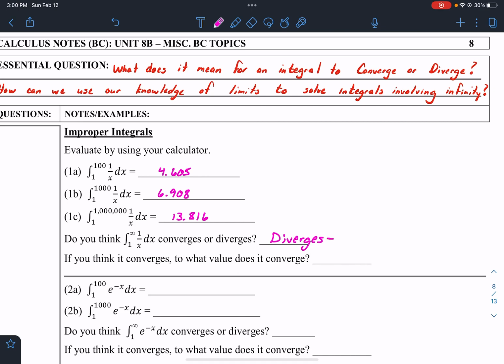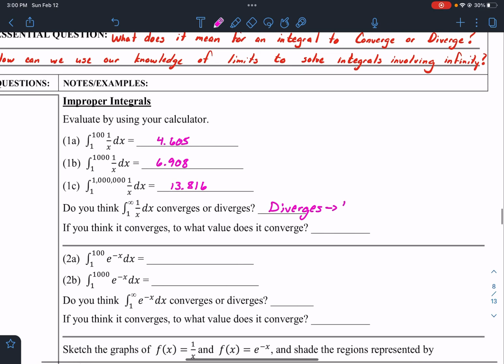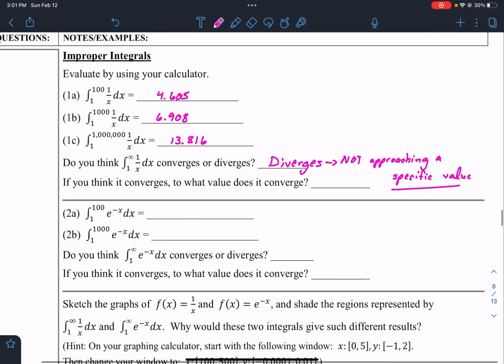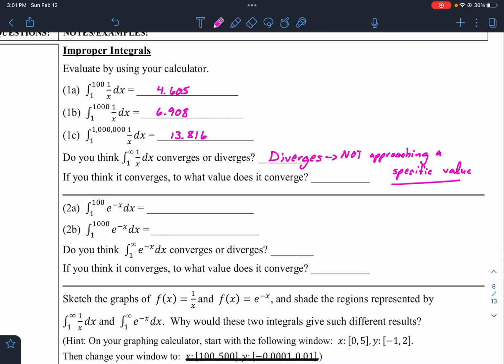Okay, so this diverges, and we are not approaching a specific value. That's what diverging means.